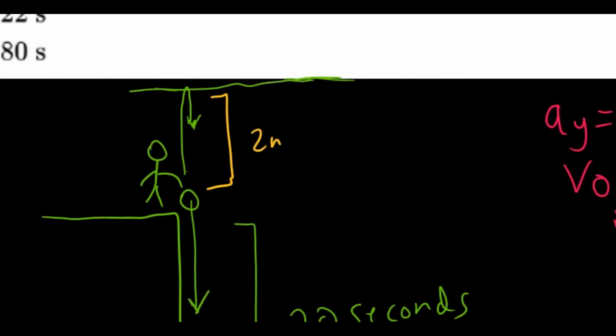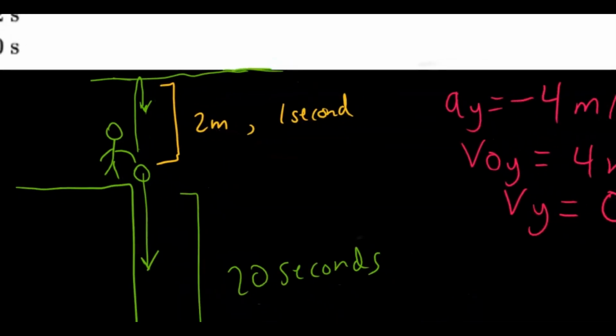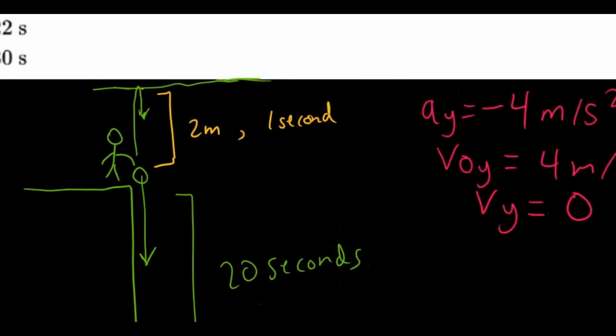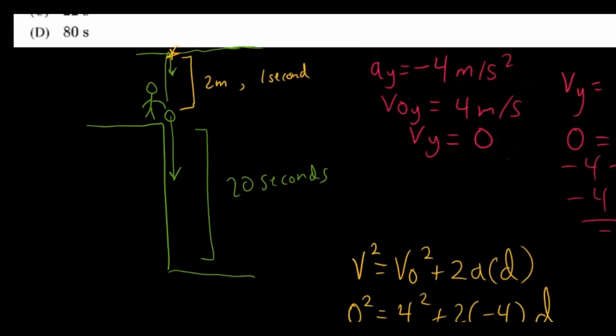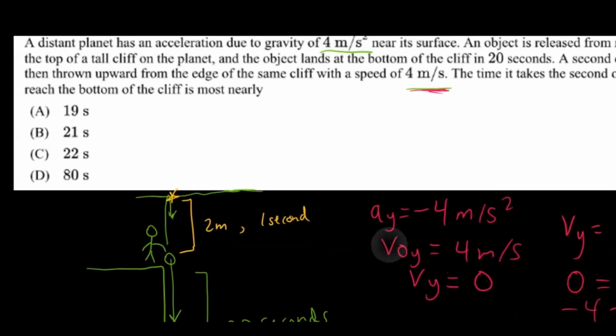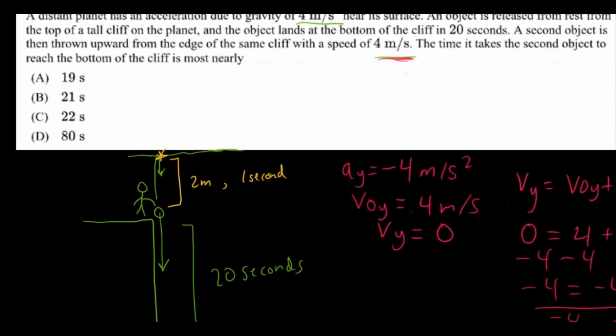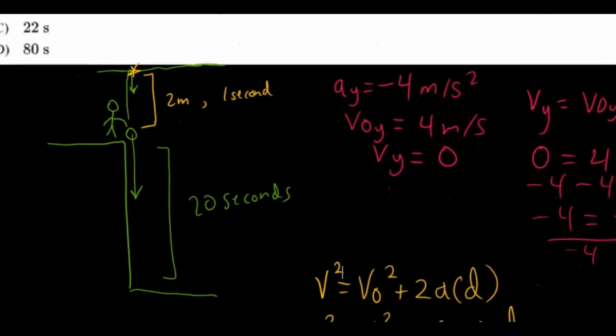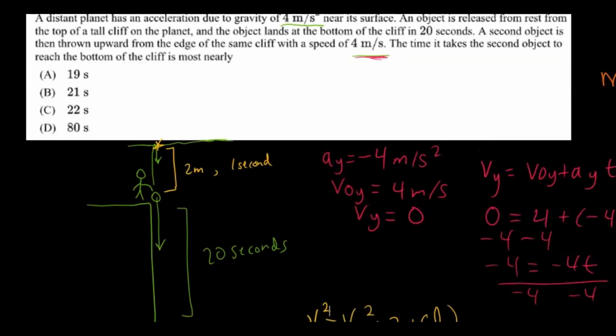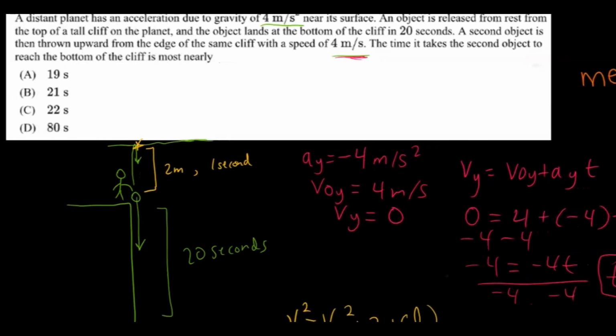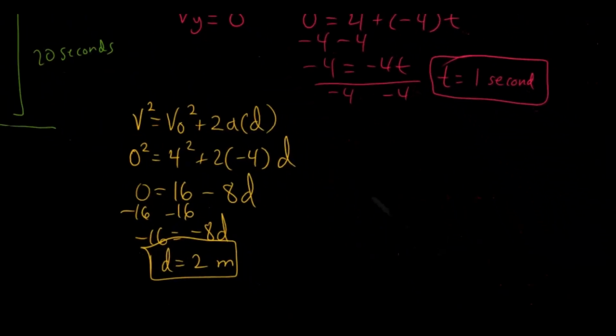We know that this height is 2 meters, and it took 1 second to reach that 2 meters. So now that we're at the top here, let's draw a little star. Now we want to find what that height is combined with the actual height of the cliff, because they don't tell us the actual height of the cliff, but now it's accelerating downwards, and we want to find how long that takes, and then just combine that with 1 second in order to get our final answer.